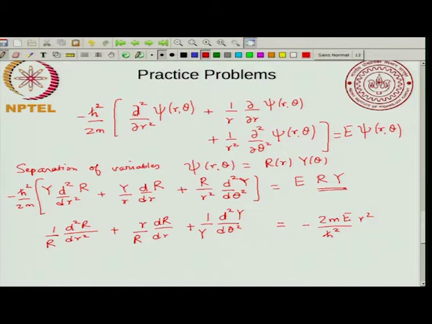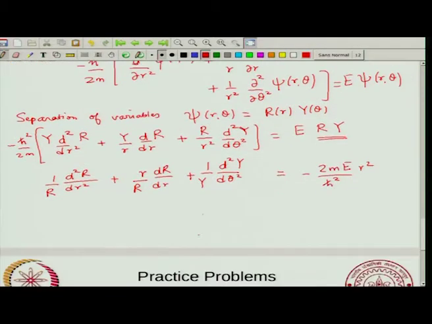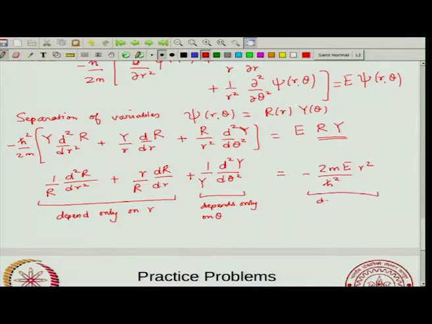So, you get an equation of this form. So, we just rewrote the Schrodinger equation after separating variables. Now, what is the advantage of this is that these two terms depend only on r, this depends only on theta, and the right hand side depends only on r.